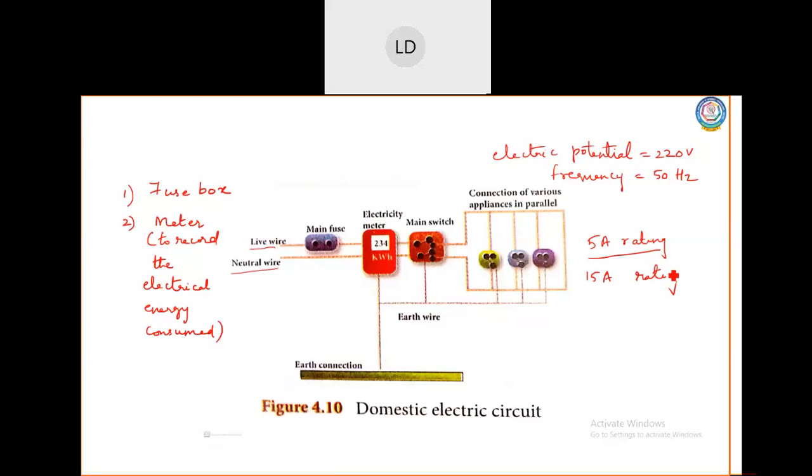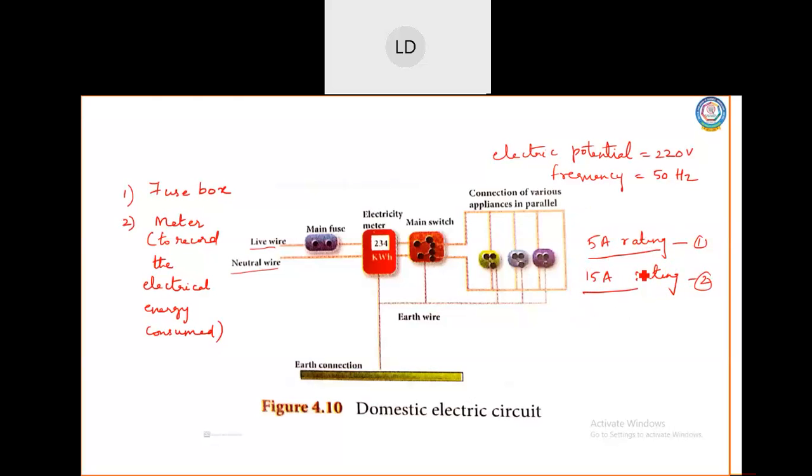So all these are connected to 15 ampere rating. Okay, so these are the two, this is 1 and this is 2. So according to the power rating of the electrical appliances, we go for a 5 ampere rating circuit or a 15 ampere rating circuit, right.